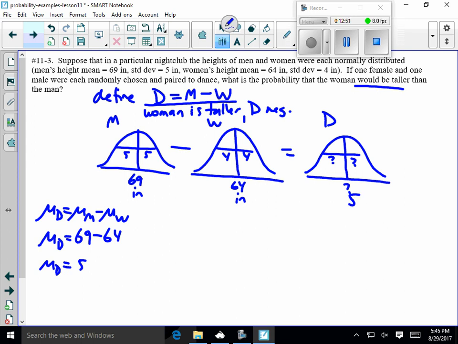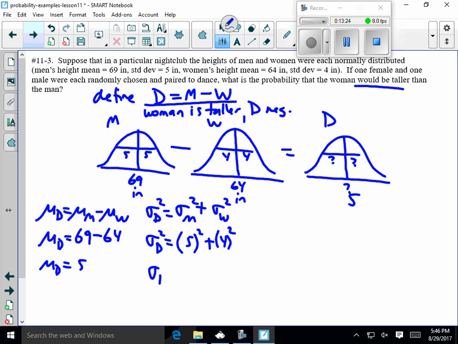All right, and then as far as the standard deviation, we're going to take variances. So the variance of the difference is equal to the variance of the men plus the variance of the women. Even though this is subtraction, every time I add a new source of variability, it always increases the variability. So that will be a plus there, even though the algebraic expression contains a minus. That means the variance of the difference is the standard deviation squared for the men plus the standard deviation squared for the women.